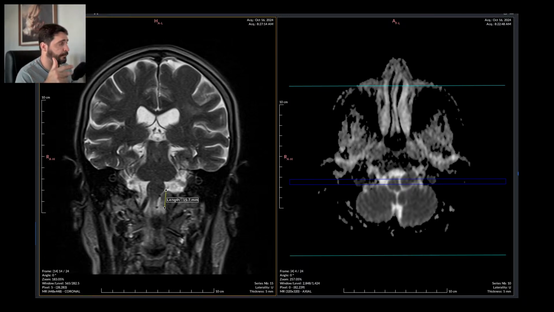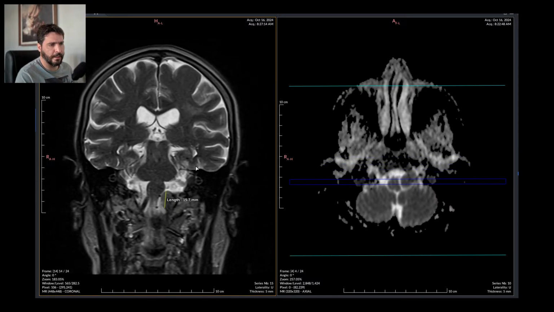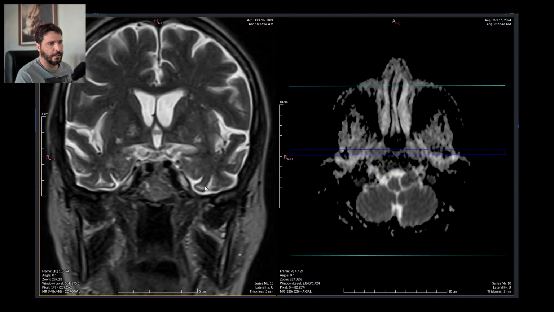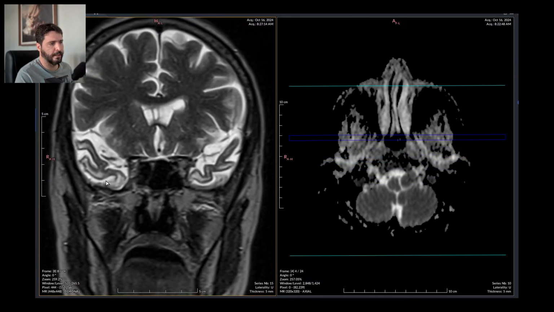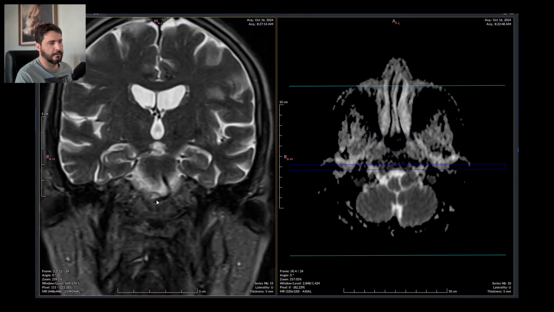I have a template for this, of course, and the template is really enough. So there is a clear reduction in size of the hippocampus and atrophic changes of the temporal lobes right there. See, this isn't normal.